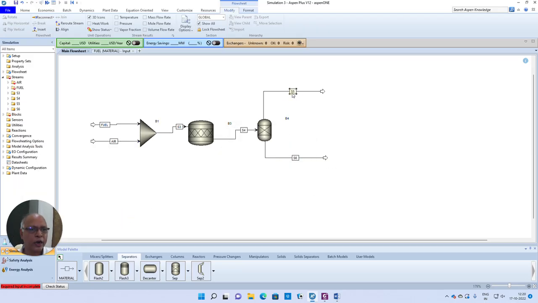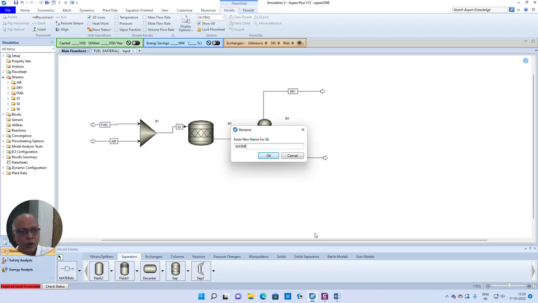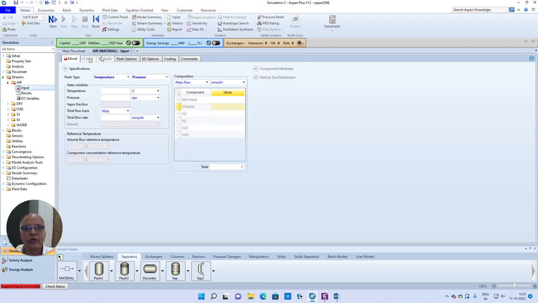Similarly, I will write this as dry flue gas, dry, and this is water. Let's go to the next input. So it is asking for air. As I said, temperature and pressure may not really matter. So the composition of air we know, which is normally used for combustion calculations, 0.21 oxygen, and for theoretical calculations, 0.79 nitrogen.